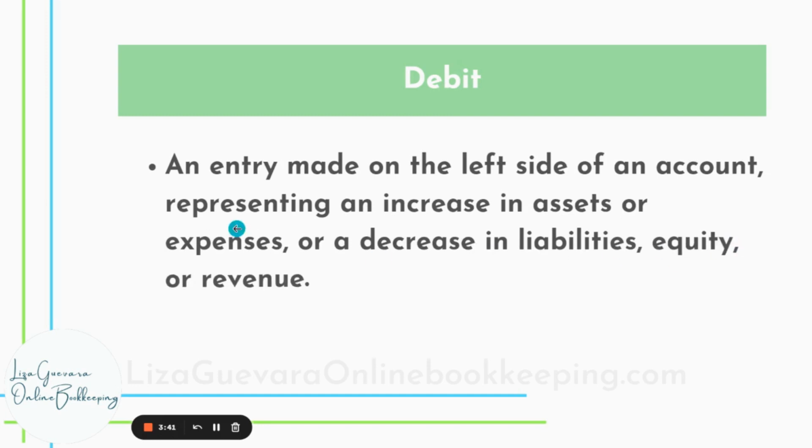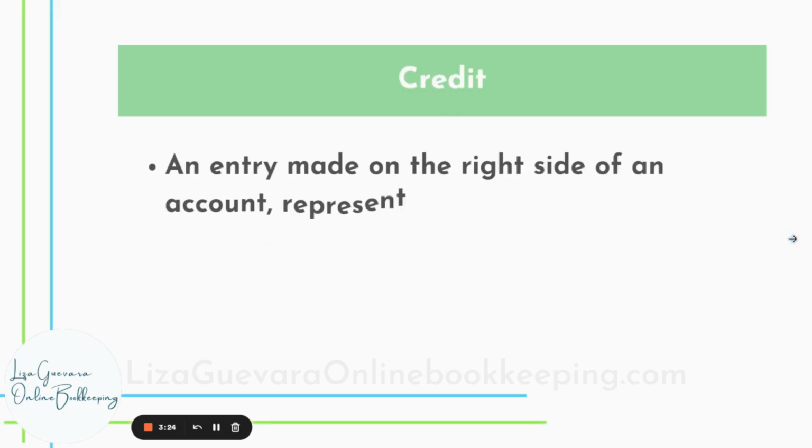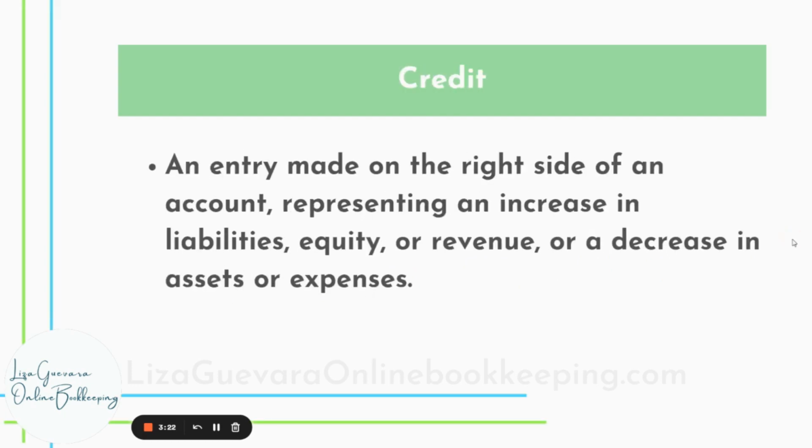A debit is an entry made on the left side of an account, representing an increase in assets or expenses or a decrease in liabilities, equity, or revenue. A credit is an entry made on the right side of an account, representing an increase in liability, equity, or revenue, or a decrease in assets or expenses.